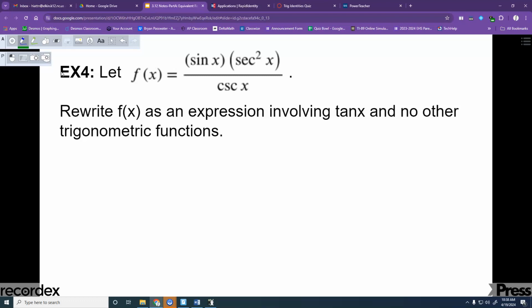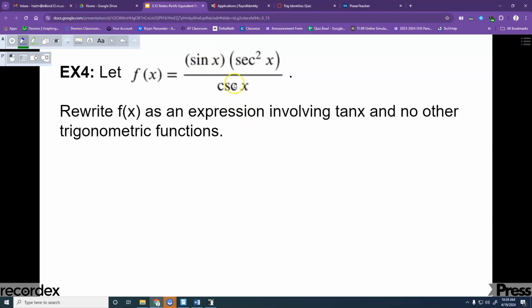4 asks us to rewrite this expression involving tangent and no other trig functions. So I do have a secant squared, which I could change to tangent squared plus 1, just like we just did on the last problem. And that would get a tangent involved here. But I can't do that for the sines and the cosecants, right?